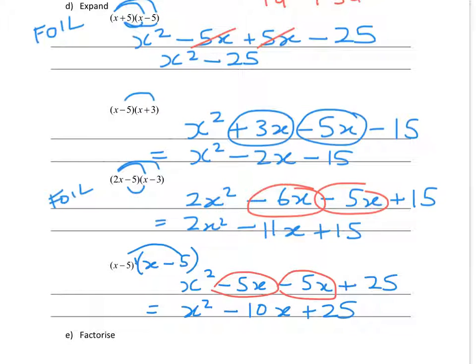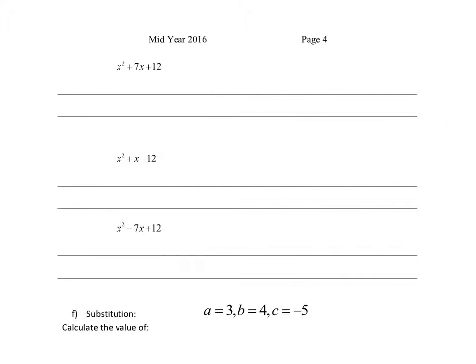Okay, the next page we're asked to factorise. Factorising when we have an x squared, an x and a number on the end will always factorise into two brackets.